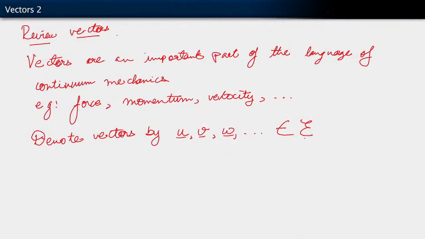And so on. However, we just observed that these vectors are objects that live in three-dimensional space. So they belong to the space E, which itself is a subset of R3, because these are vectors in three-dimensional space.